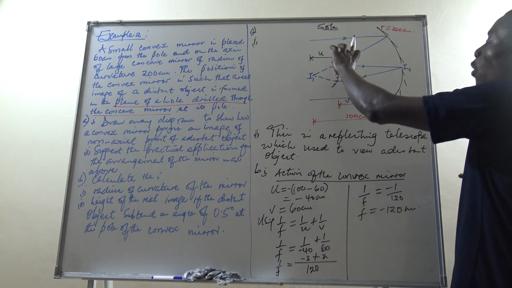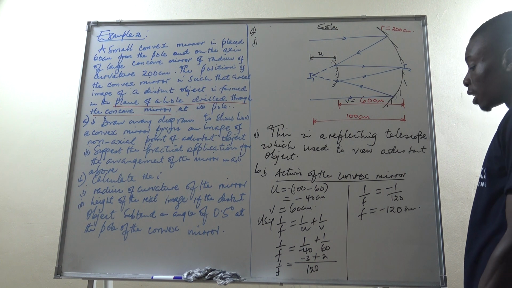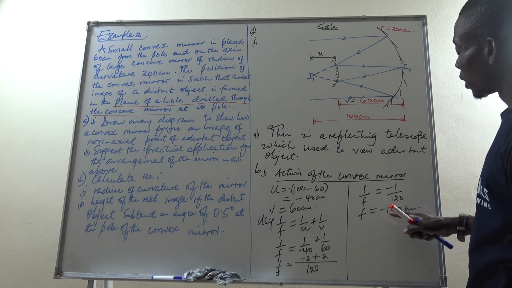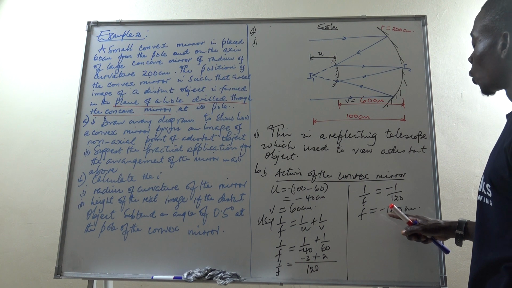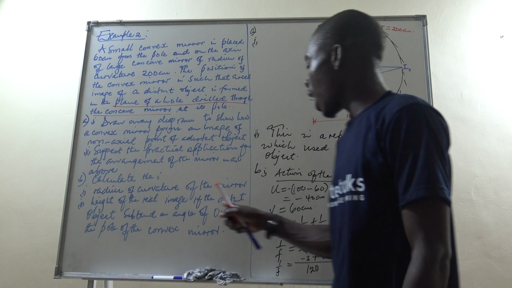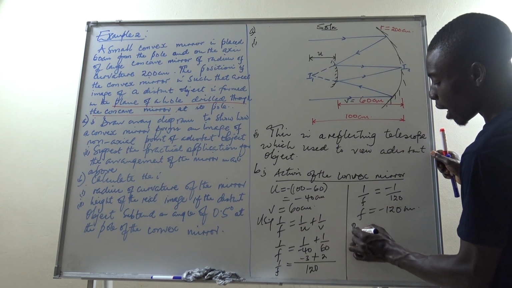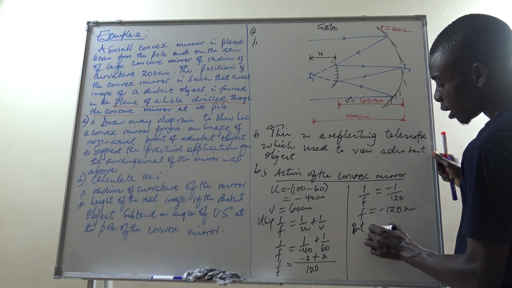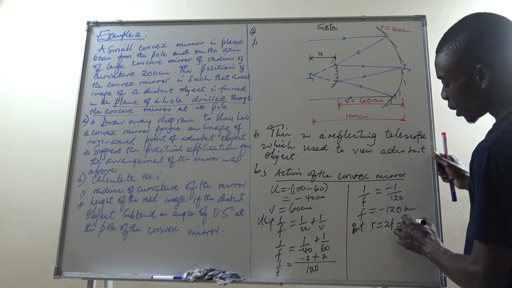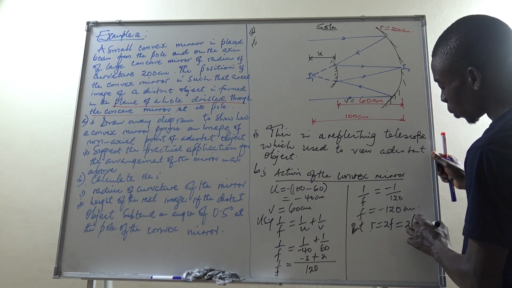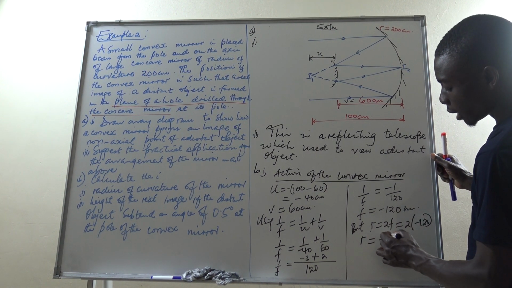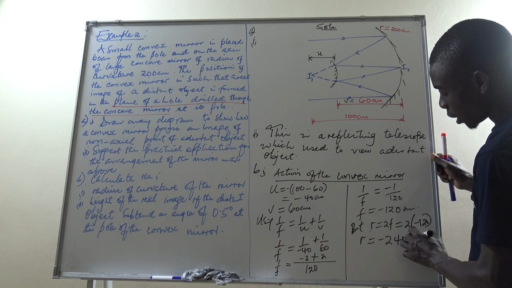So that means that the focal length required here is supposed to be negative 120. But remember, they are saying they want the radius of curvature. We shall say R equaling to twice F. That will mean that we multiply negative 120 by 2, and R is negative 240 centimeters.